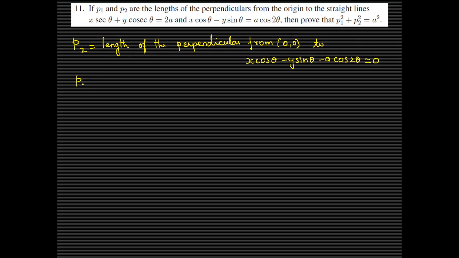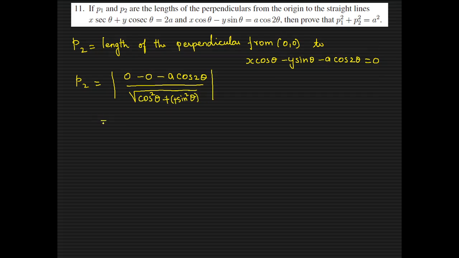I am using the distance formula here, which is modulus of, you need to substitute these two x, y points in this equation. The first one will become 0, the second one will also become 0, minus a cos 2 theta divided by square root of coefficient of x, which is cos theta the whole square, and then plus coefficient of y, which is minus sin theta the whole square, so it will become positive sin square theta.